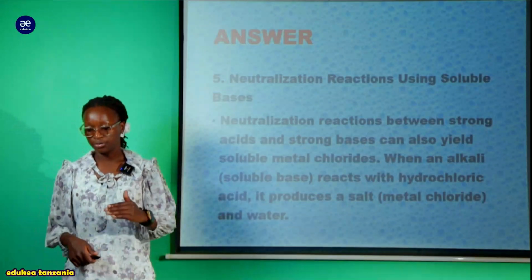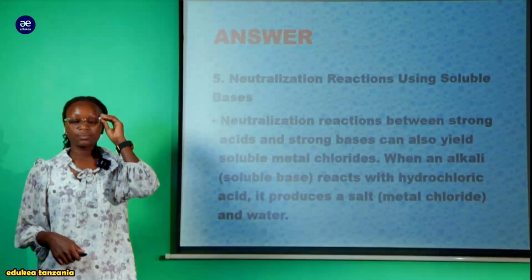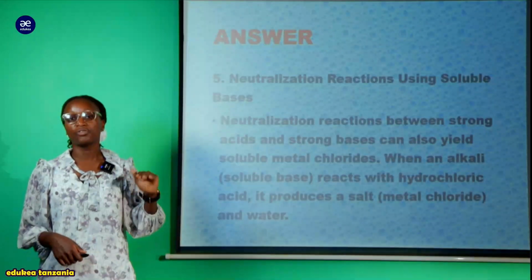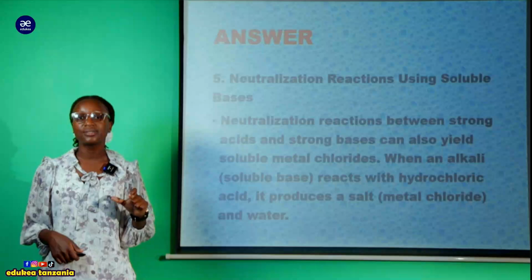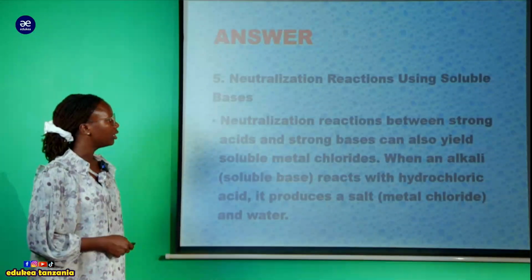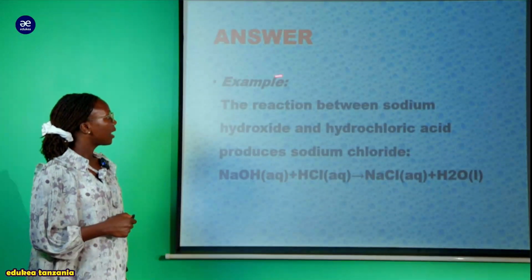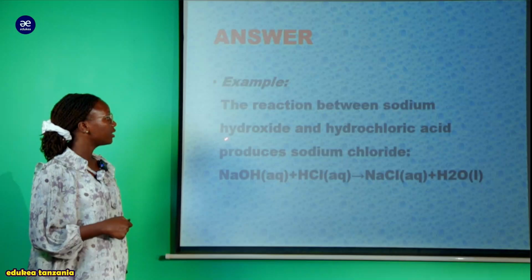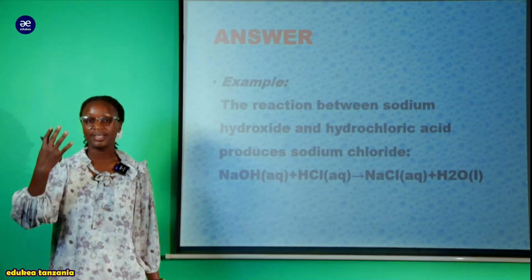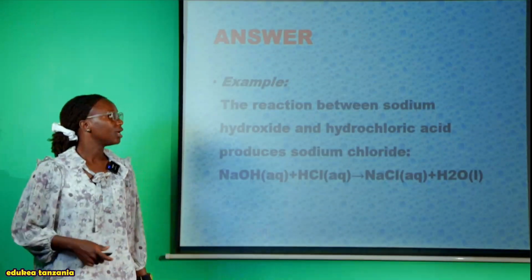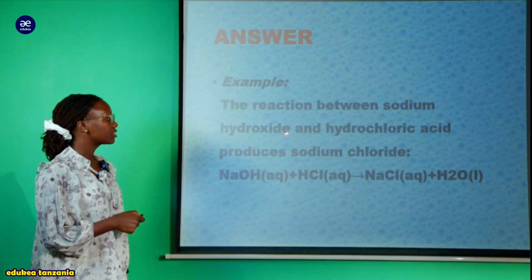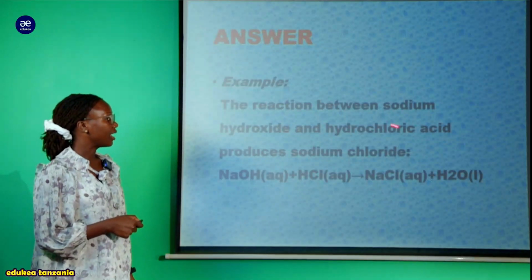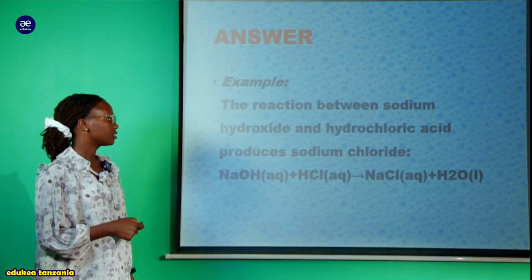So this is neutralization, and it is not very different from what we saw earlier with metal carbonates and HCl. For example, the reaction between sodium hydroxide, remember here we used a strong alkali or strong base. Sodium hydroxide reacts with hydrochloric acid and produces sodium chloride.